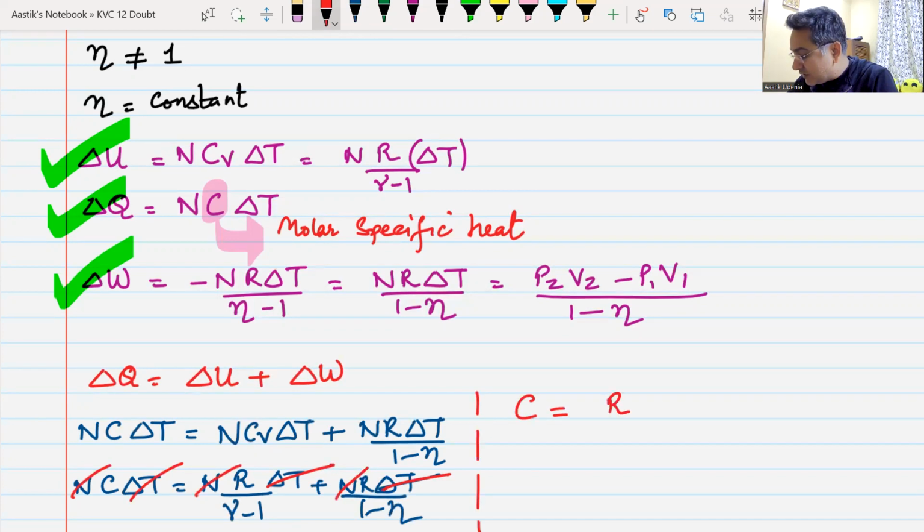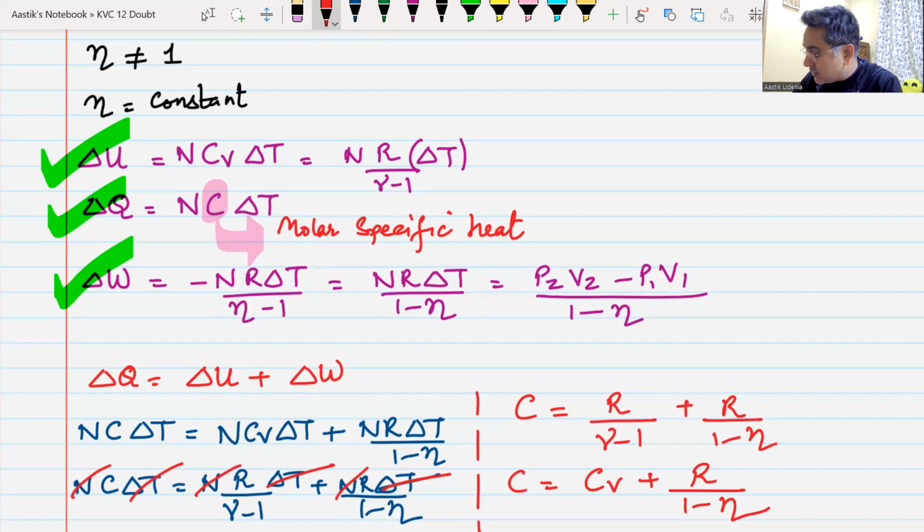The molar heat capacity in this process can be found from this formula, R upon gamma minus 1 plus R upon 1 minus eta, or you can also write it as CV plus R upon 1 minus eta. So if you understand the adiabatic process, this polytropic process is an exact copy of it. The only difference is that in the adiabatic process you had gamma, and here in the polytropic process you have eta and not gamma.